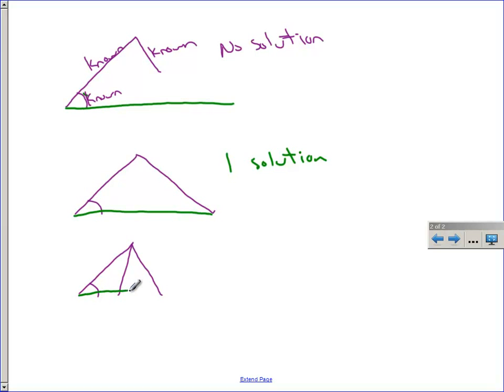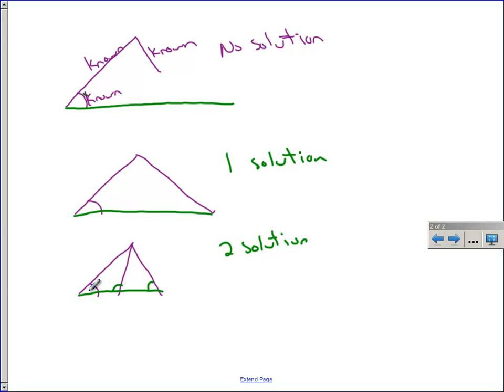You could have a known side length in purple, another known side length, but you don't know what angle it extends from this vertex at. You don't know if it comes down this way or if it tries to come back here, making basically an obtuse triangle here. So it will still make triangles, but one of them might be an obtuse angle, one of your unknown angles, and one of the unknown angles might be acute. And this is going to be the two-solution case, where you might end up with an obtuse angle in the triangle.